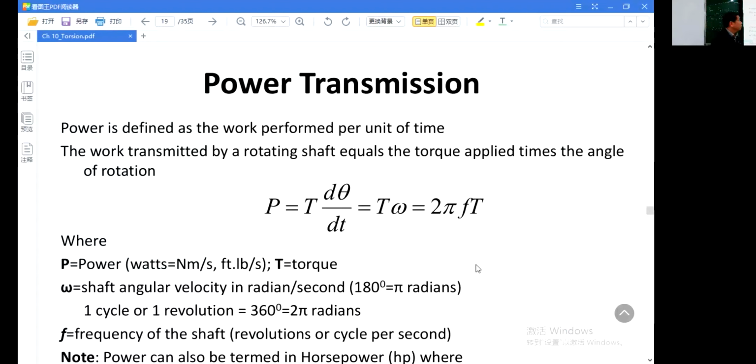Today, we're going to study how to find the torque of a motor exerted on a shaft. Because in engineering practice, shafts always transmit power.